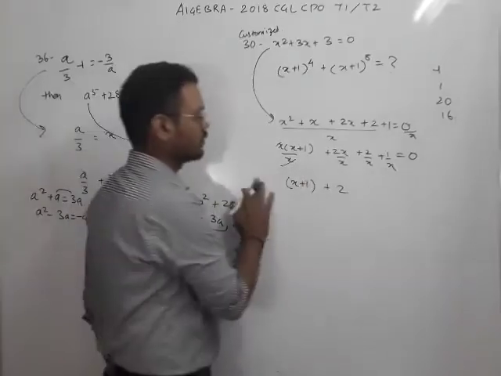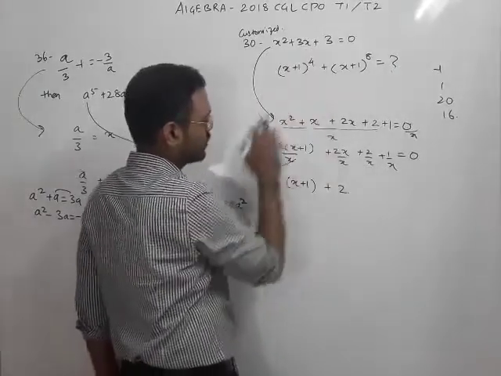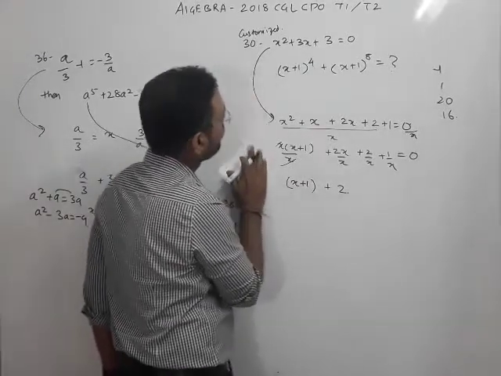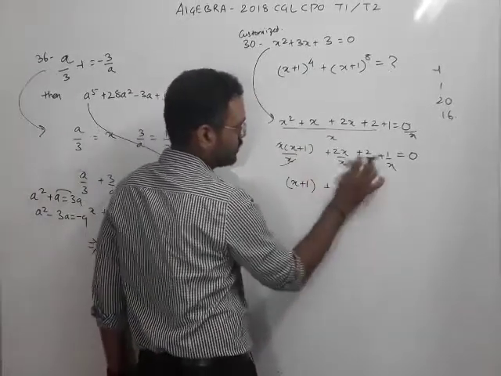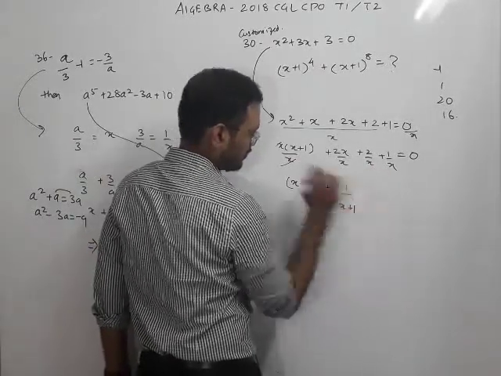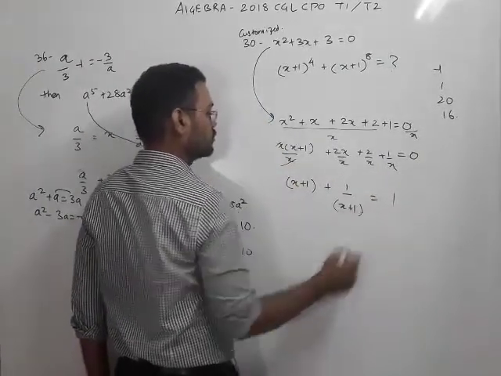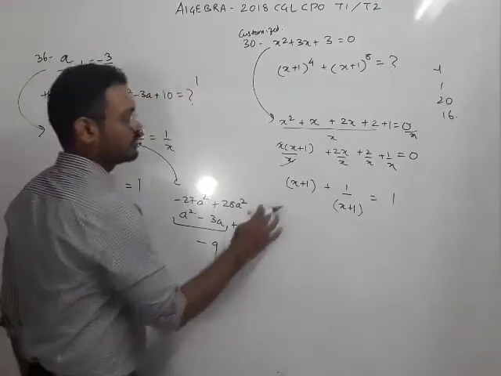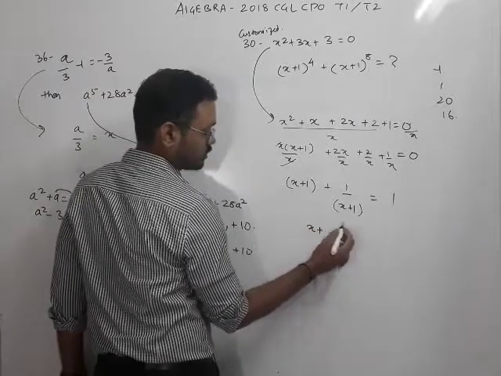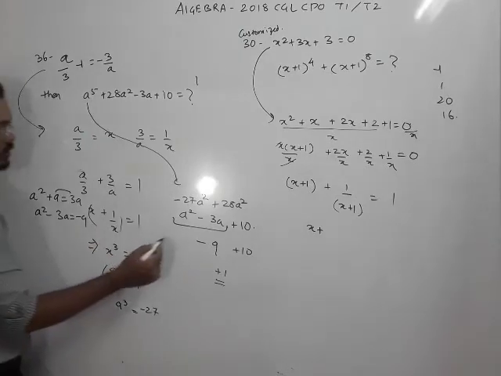This is also of the same type, though there's some equation I have to recheck, but we will get x plus 1 by x will be 1. When x plus 1 by x is 1, it implies x cube is minus 1.